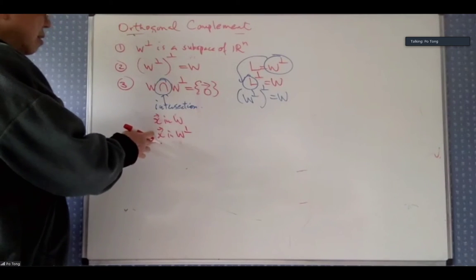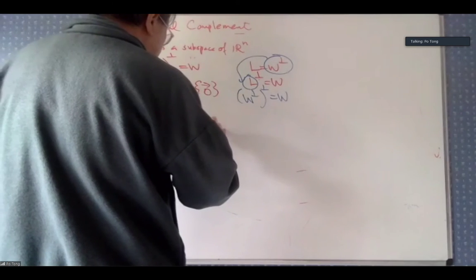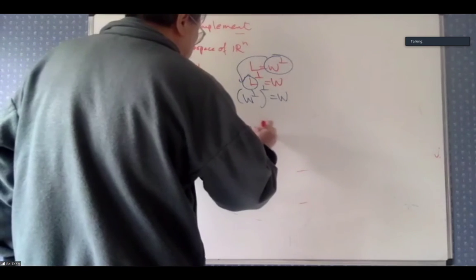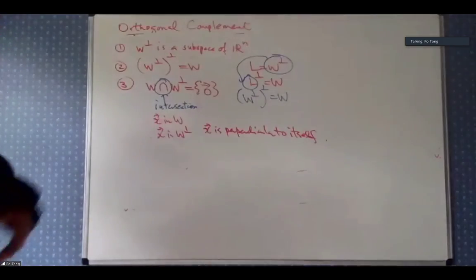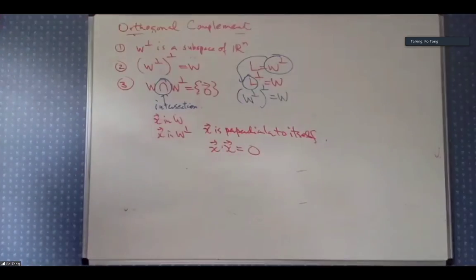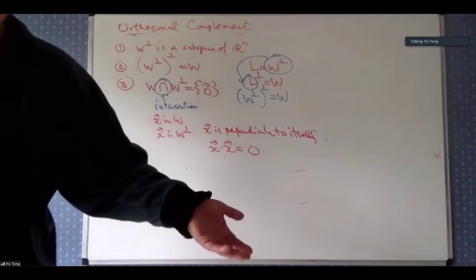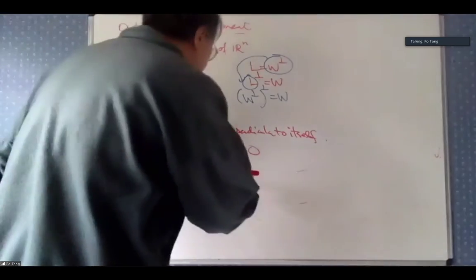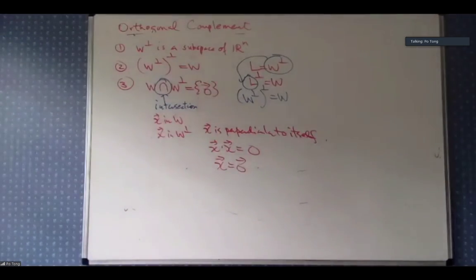That means this X is in both, so X is perpendicular to itself. Perpendicular to itself means that X dot X is equal to 0. What vector will have X dot X equal to 0? We talked about it a little bit earlier, maybe half an hour ago. The vector whose length is equal to 0 has to be the zero vector. So that intersection is the zero vector.